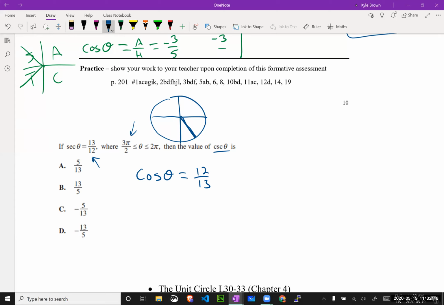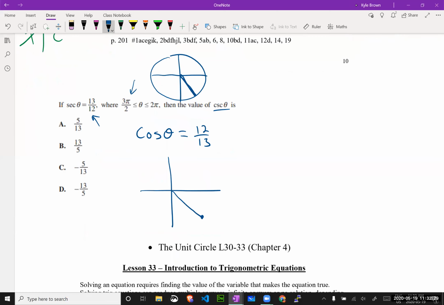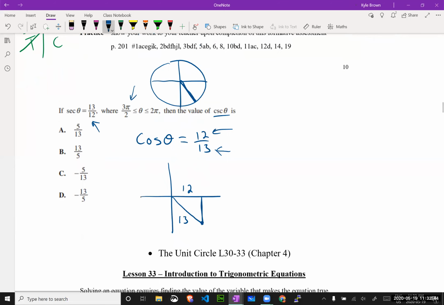If we were drawing our Cartesian plane again, and we know we're down here somewhere, and we drew a triangle up to that point, then what do we have when we're looking at cos? Cos is adjacent over hypotenuse. So that means this is 12, and this is 13, the hypotenuse. Adjacent over hypotenuse.